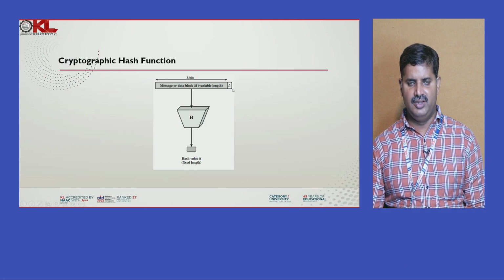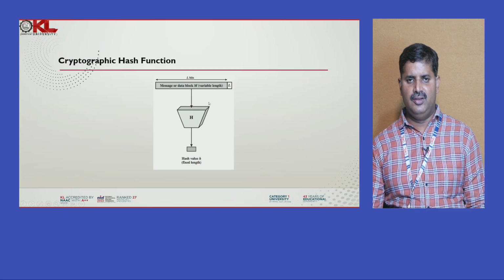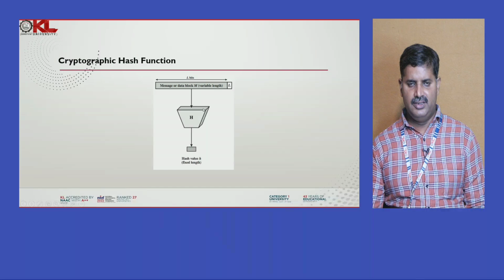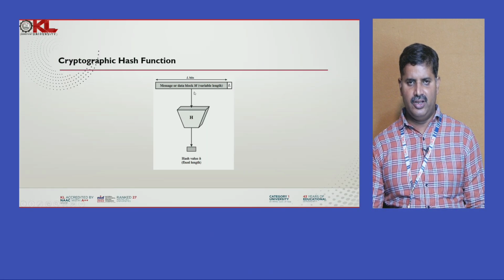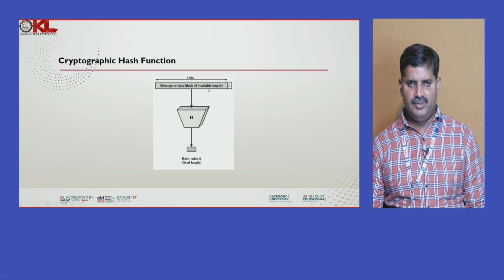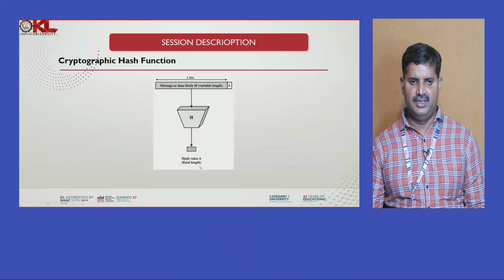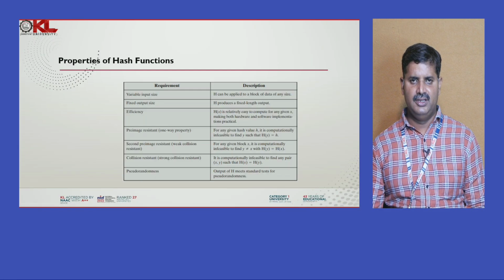These are dummy bits added to the variable length message to make the data fixed, so that the hash function can calculate the input of the message and produce the corresponding hash value of fixed length. Okay, is it clear?